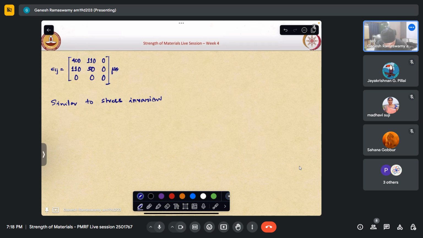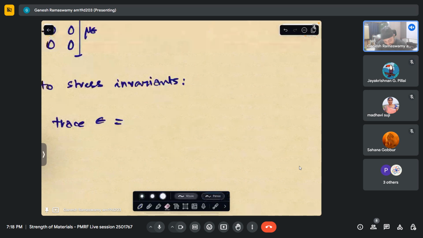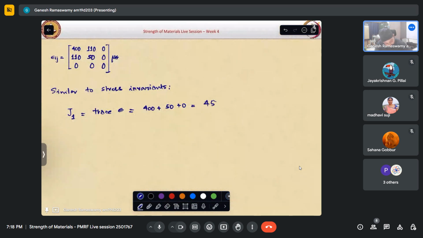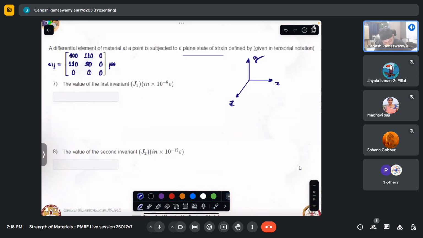So the first strain invariant J1 is nothing but trace of epsilon, which is a fancy term for the sum of the diagonal elements, which is 400 plus 50 plus 0, which is 450. The answer has been asked in 10 power minus 6. So this is already microstrain, so we need not convert it. So this is just 450. 450 into 10 power minus 6 is also 450 microstrain. It is one and the same.